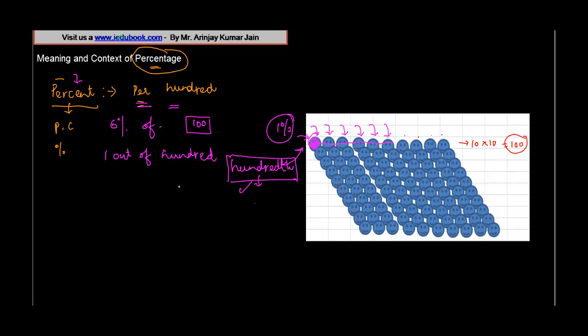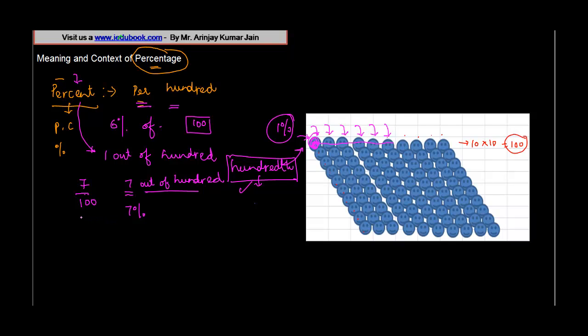So if someone was to ask you, what do you mean by 7 divided by 100? This means it's 7 out of 100. Right? We learned this in fractions. But percent means what? 1 out of 100. So if you have 7 out of 100, this means 7%.